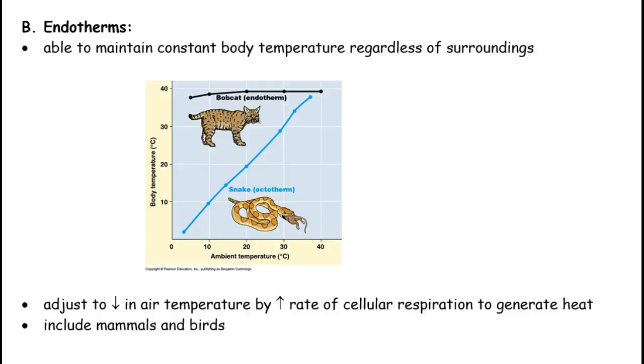Cellular respiration is not 100% efficient, and we end up losing some energy as heat. That helps to maintain our body temperature. Mammals and birds exhibit this type of thermoregulation. Depending on the organism, we're looking at about 37 degrees Celsius, and in humans we know that to be true.